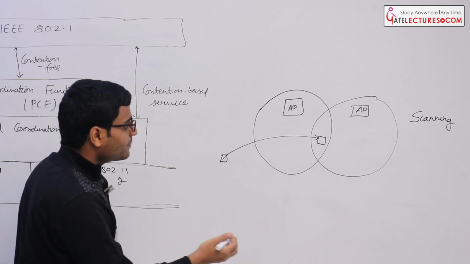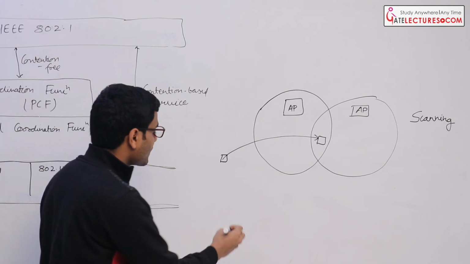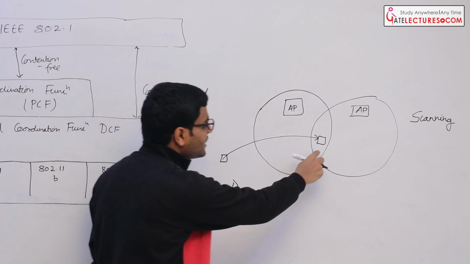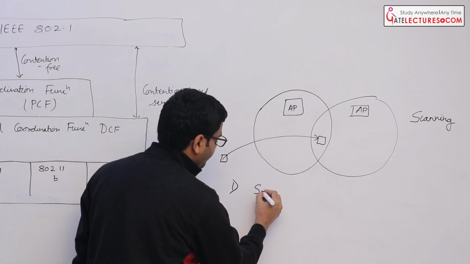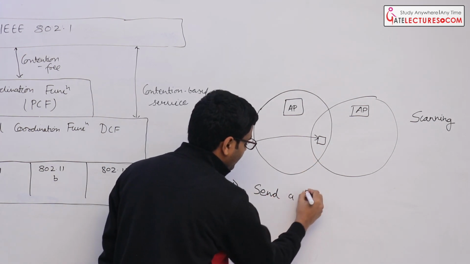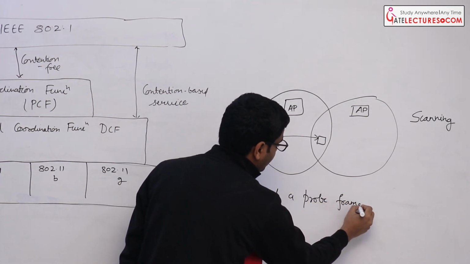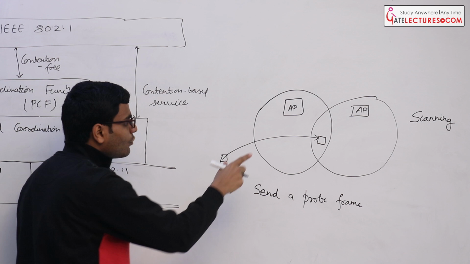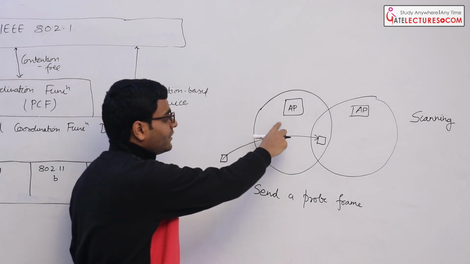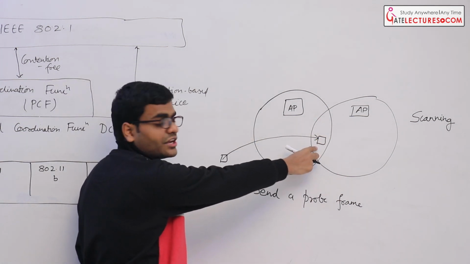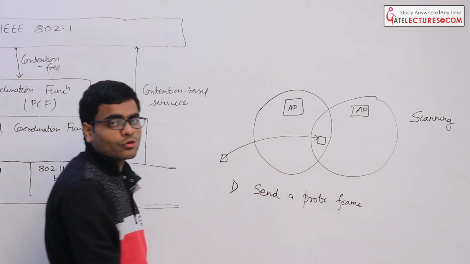So the steps we have to follow to do scanning are: first, this station will send a probe frame, and all of the access points which are in the range of this station will get this probe frame.